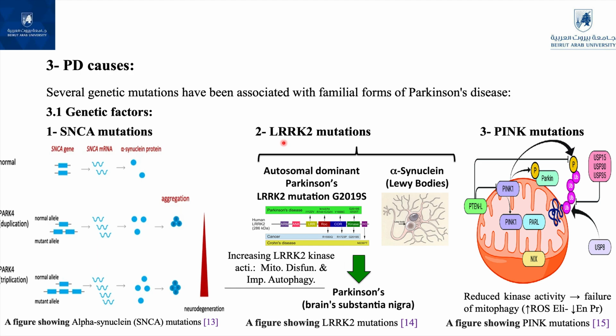The leucine rich repeat kinase 2 mutations can also lead to Parkinson's disease. Why? Because this gene is essential for mitochondrial activities, and when these kinases are mutated, when the glycine is replaced by serine, its activity is increased, and leading to what?